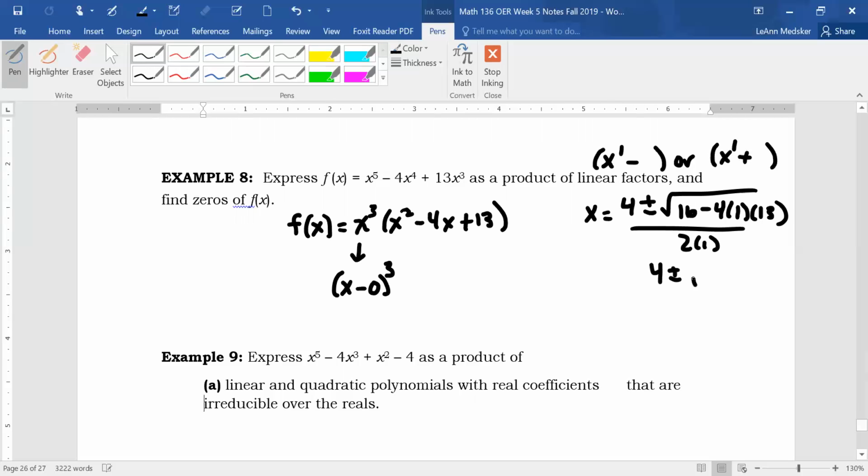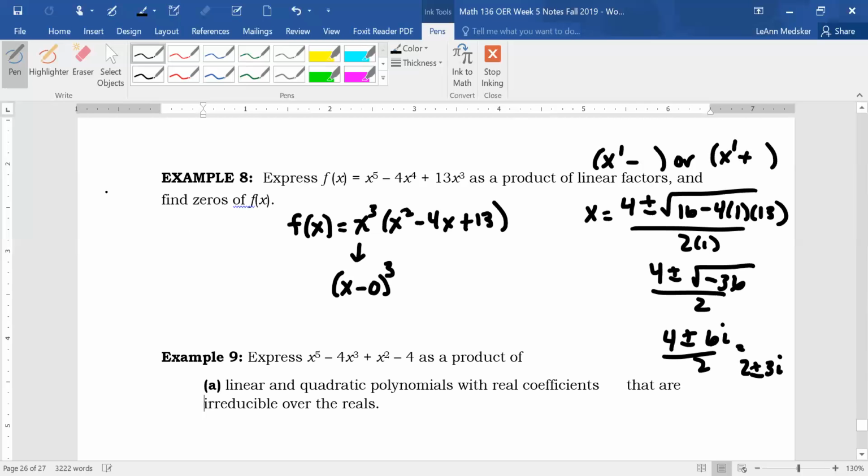That's 4 plus or minus the square root of 16 minus 52, which is negative 36, over 2. So that's going to be an i problem. So that's a 6i over 2. So this is 2 plus or minus 3i.